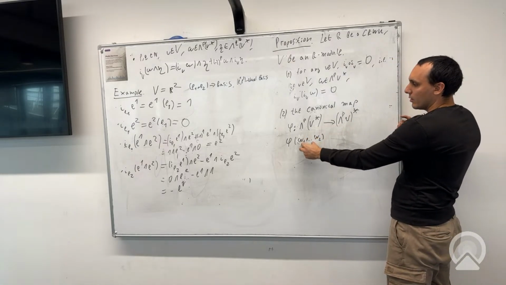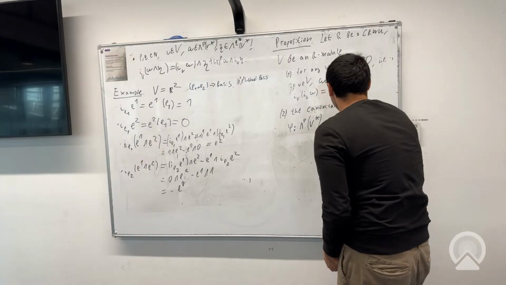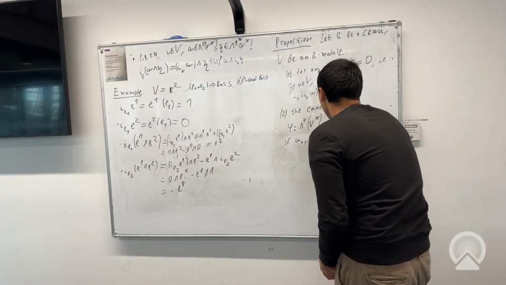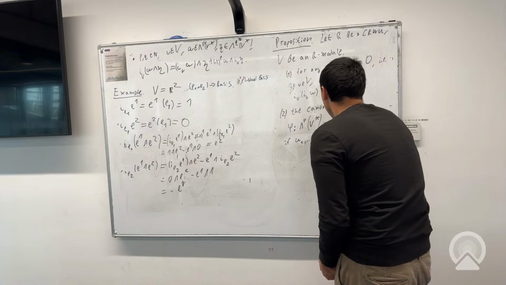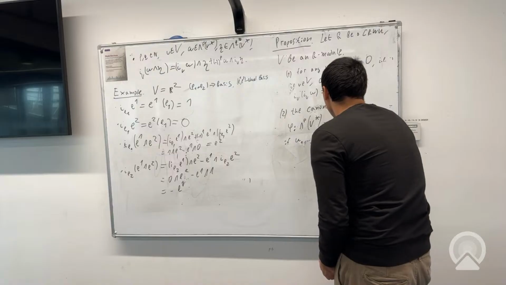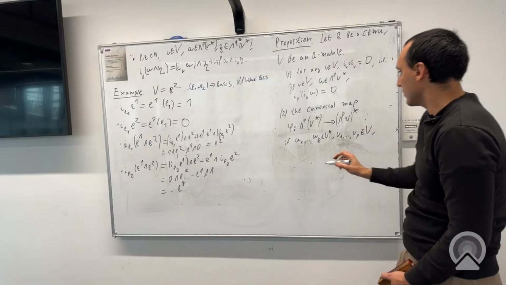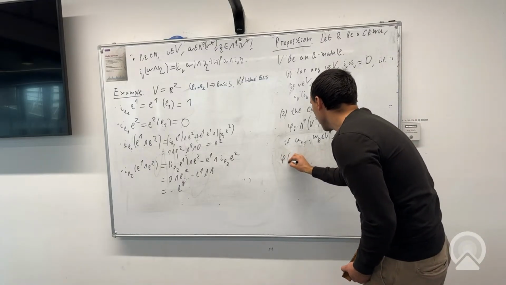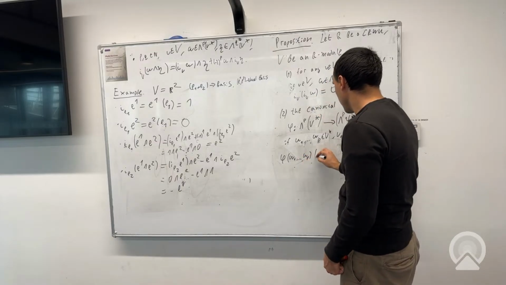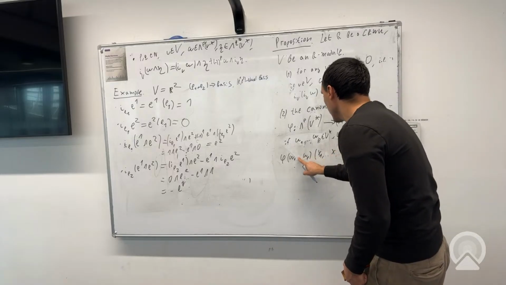So let's say the following. If omega 1 to omega p are in V star and x1 to xp are in V, it is defined as follows: phi of omega 1 wedge to omega p applied to x1 wedge to xp.